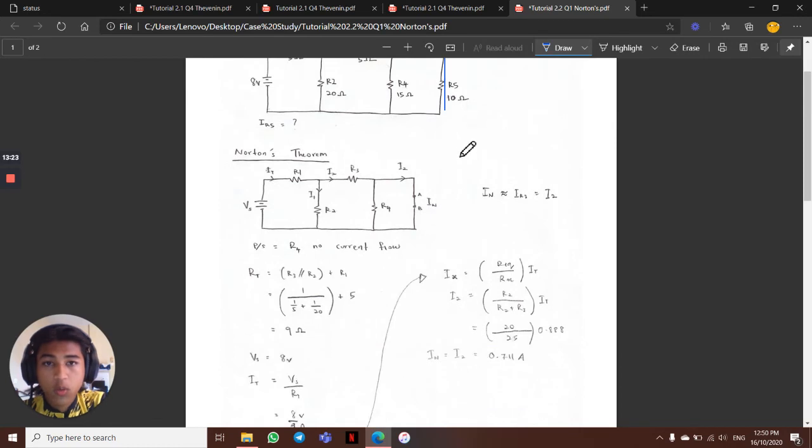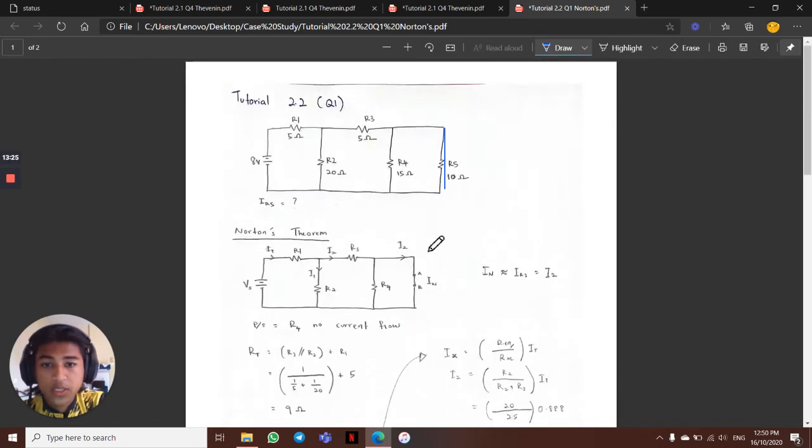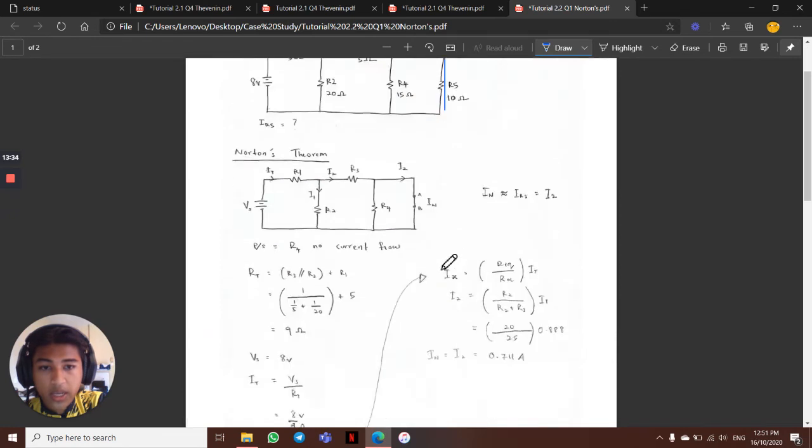So what we already did is we short circuit at R5 by putting terminal A and terminal B and I Norton's for the current Norton's.